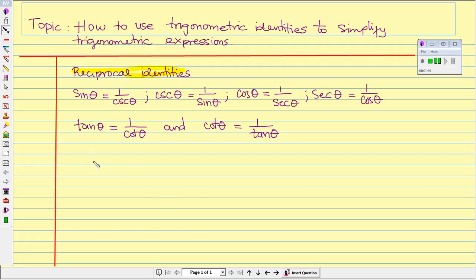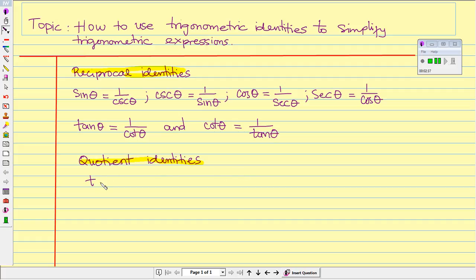The next identity we want to introduce is the quotient identity. There are 2 identities.